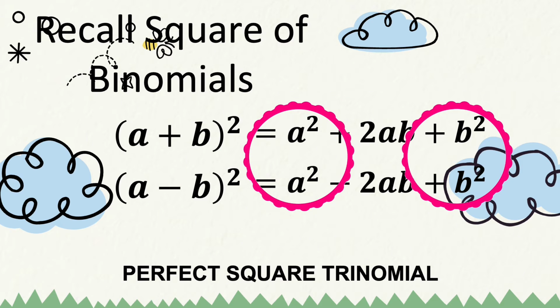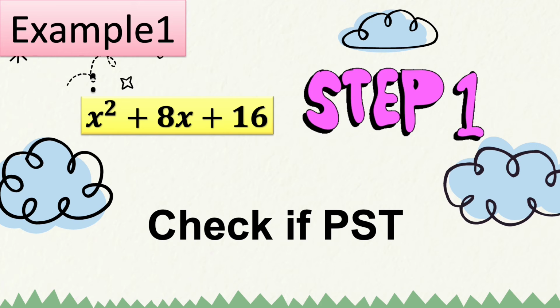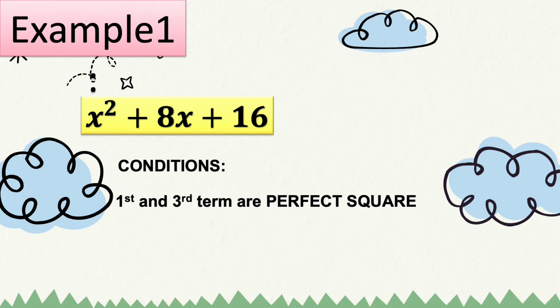Okay? Let us have Step 1. Kailangan ma-identify muna natin kung ang given trinomial is perfect square trinomial or not. Okay? Condition. Ito daw yung condition. Una, kailangan ang first and third term natin are perfect square.